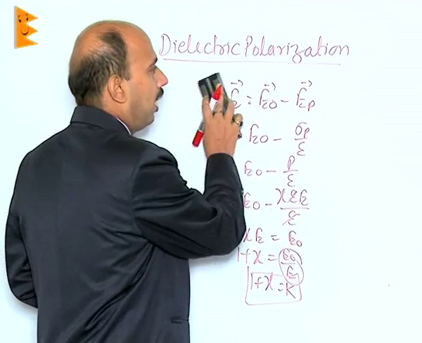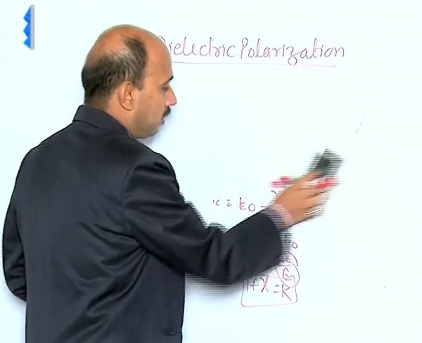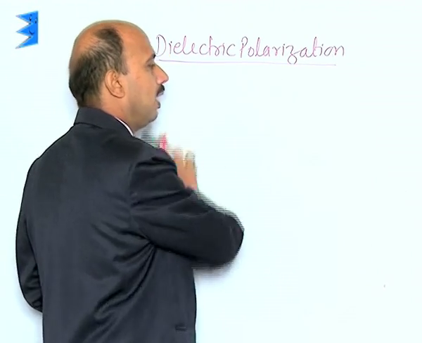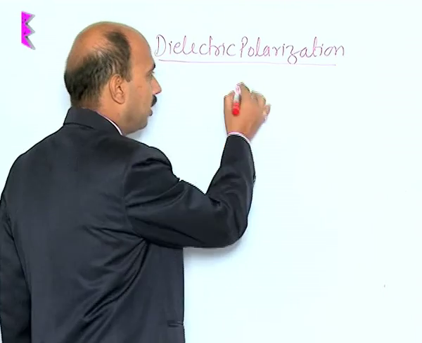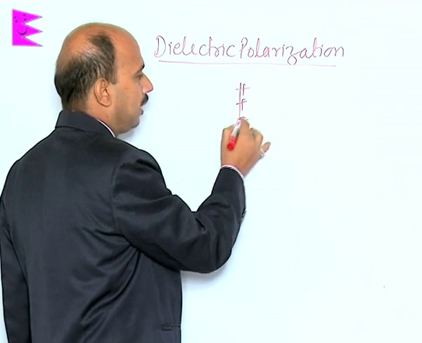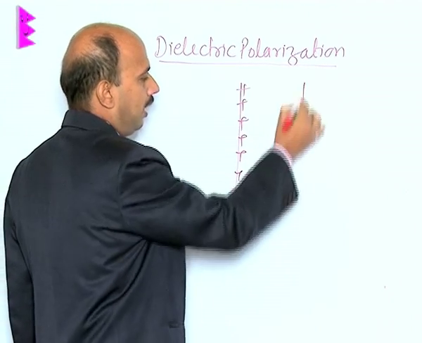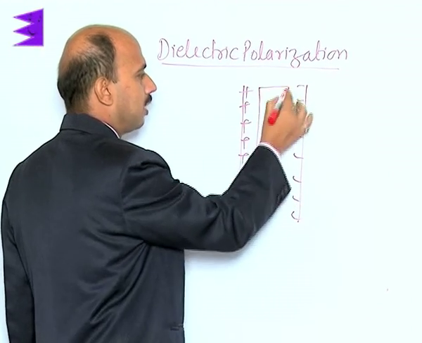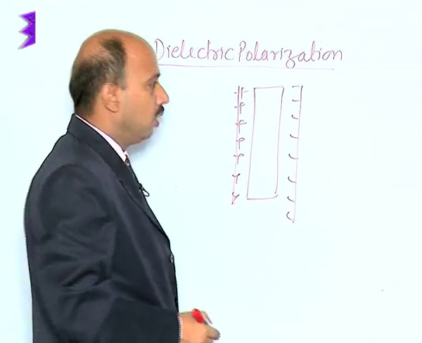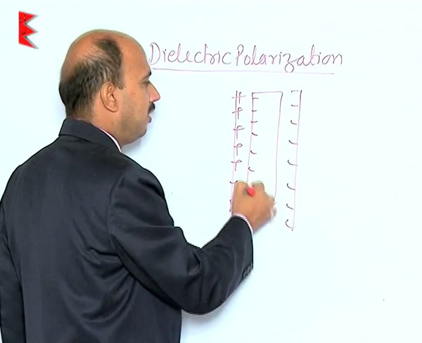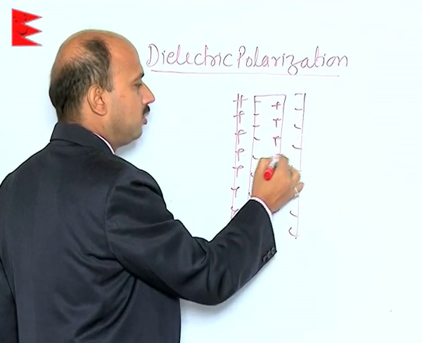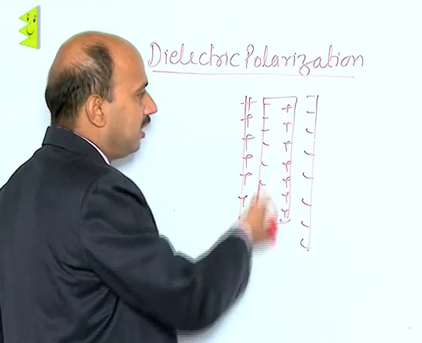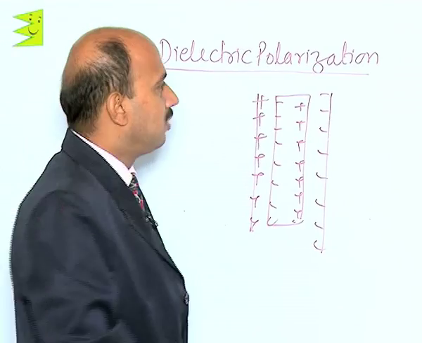Now see another case. In this case, suppose in place of the dielectric material, you take a conductor in an electric field. Suppose I have taken plus here and negative here. Now I am placing a conducting plate here. What happens? Negative charges are induced here and positive charges here, because the charges are free to move, and this induction takes place until equilibrium is attained.